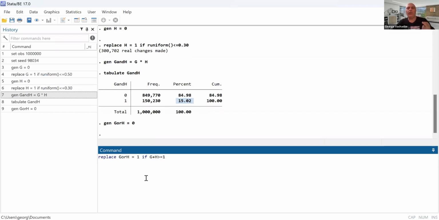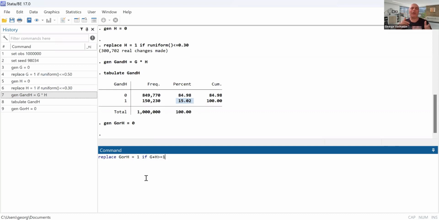Because if G plus H takes value 1, that means the student takes either the math class or the science class, but not both. Those are the two blue rectangles. So G plus H would be 1.